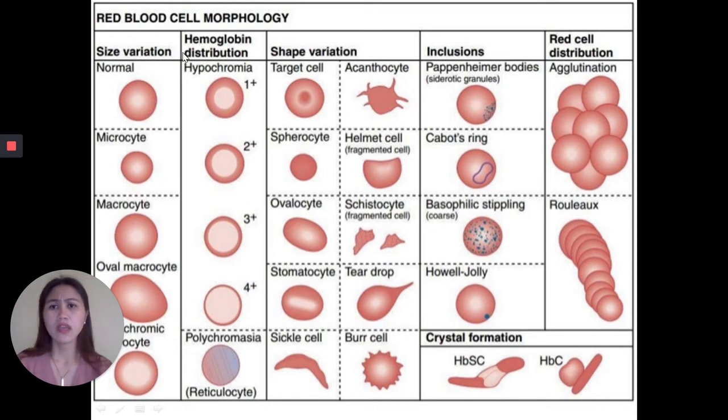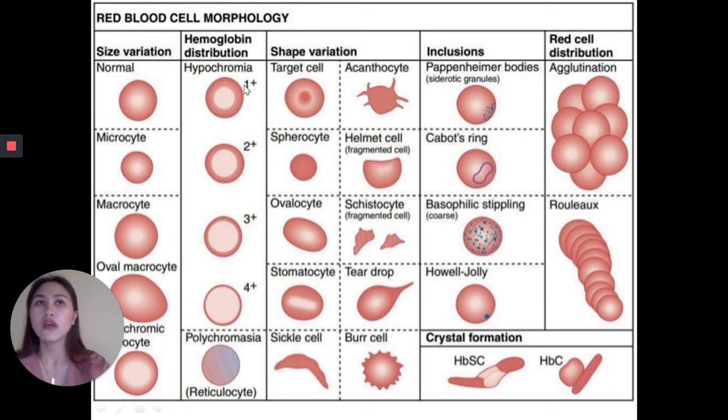For hemoglobin distribution, of course, the color of our RBC is dependent on the hemoglobin content in our RBC. The paler it is, the less hemoglobin is in that particular RBC. So these are the gradings for hypochromic.